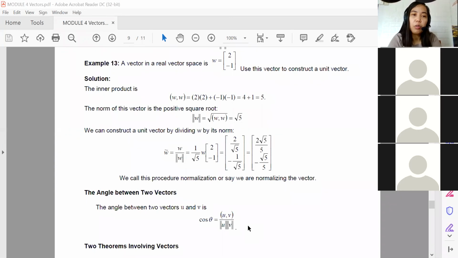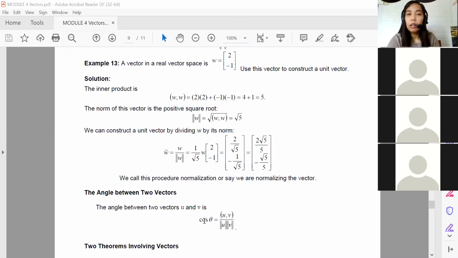Anyway, so let's continue. The angle between two vectors. The angle between two vectors, U and V, is cosine theta equals the inner product of U and V over the norm of U times the norm of V. Pero hindi na natin yan. You will just need to follow this.